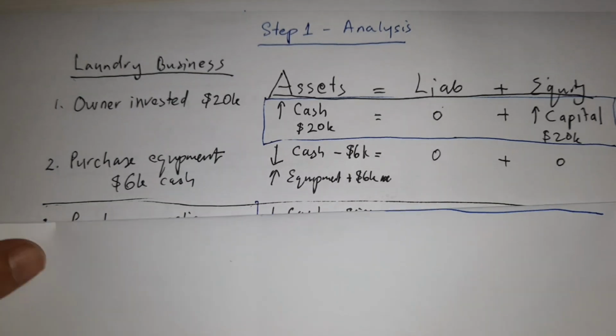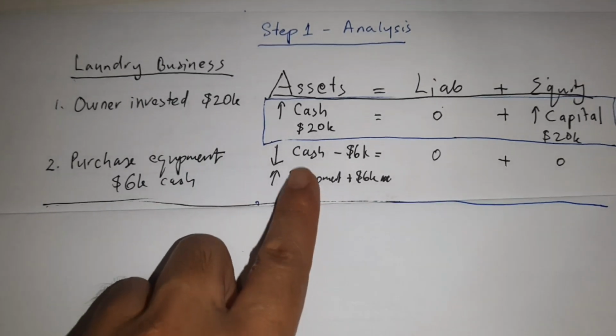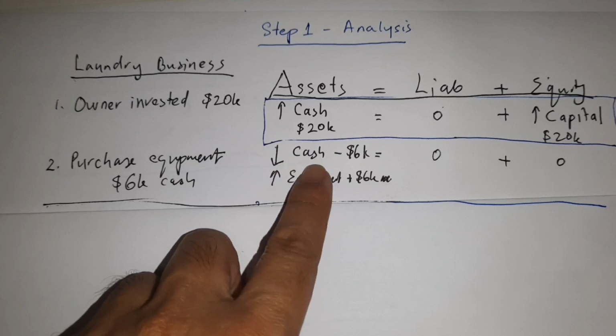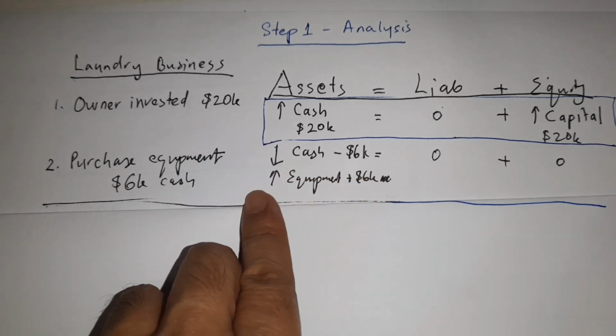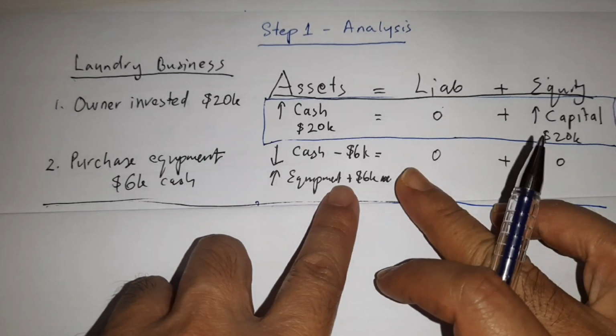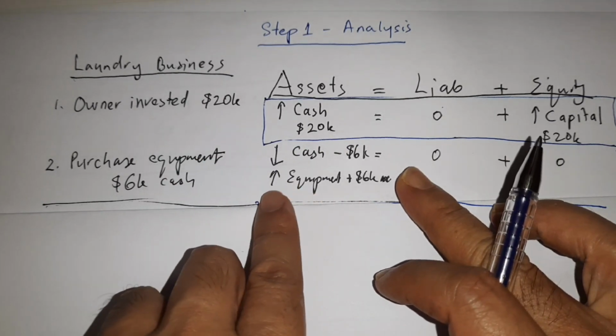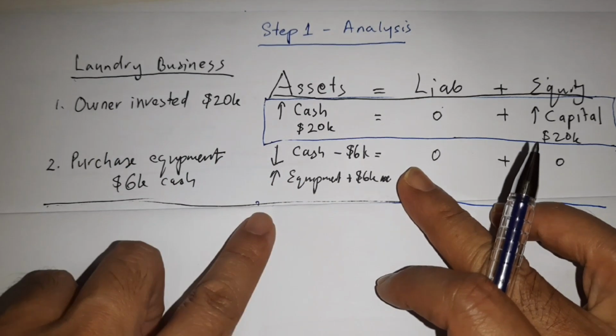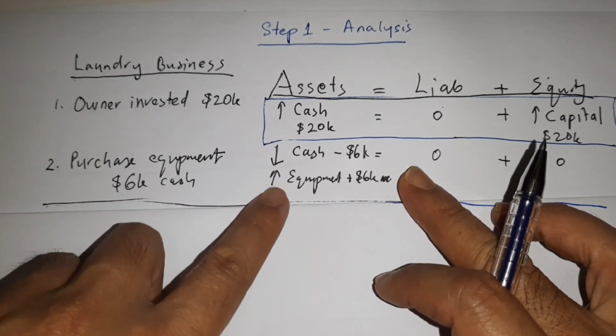This is the effect of the transaction on the accounting equation. Asset cash decrease 6,000, asset equipment increase $6,000. After you have analyzed the transaction, which is step 1, you have to do the second step, which is record this in the journal.